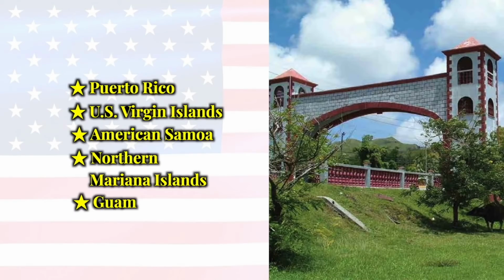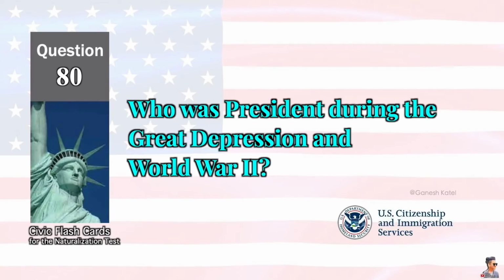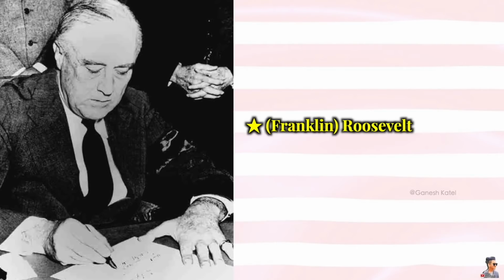Puerto Rico, U.S. Virgin Islands, American Samoa, Northern Mariana Islands, Guam. Who was president during the Great Depression and World War II? Franklin Roosevelt.